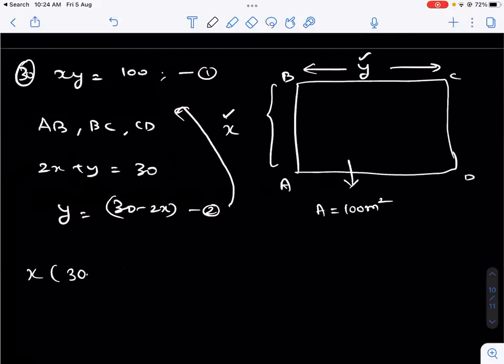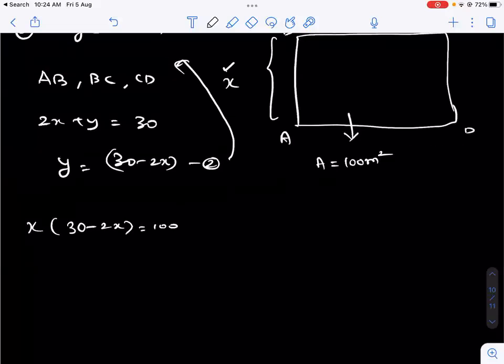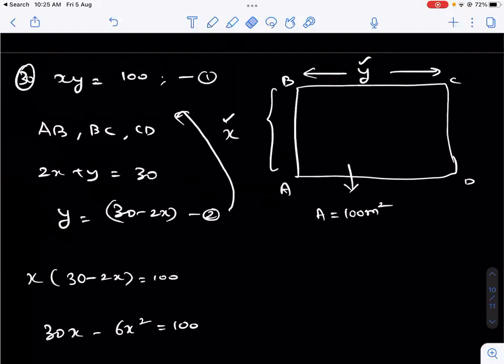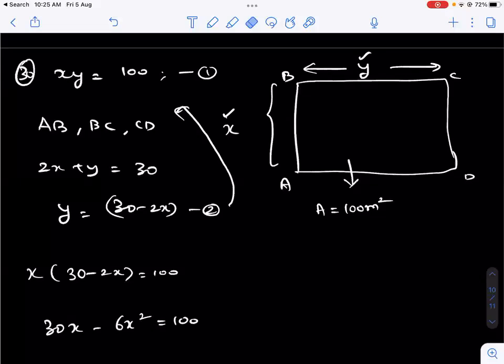You will get x into 30 minus 2x is equal to 100. So 30x minus 2x square is equal to 100. Oh, sorry, it is 2x square only.